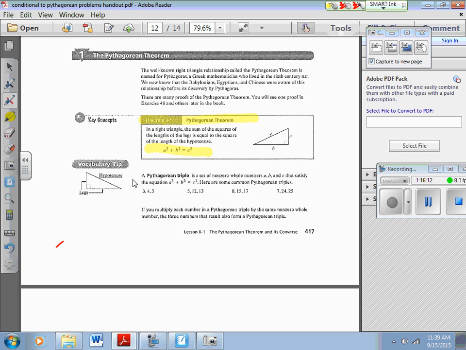Whenever you're using the Pythagorean theorem, you have to make sure you're using it with a right triangle. Okay? If there isn't a 90-degree angle in that triangle, you can't assume that you're going to use the Pythagorean theorem. The Pythagorean theorem is to help you find, out of the three sides, if you know two of them, the one that's missing, okay?